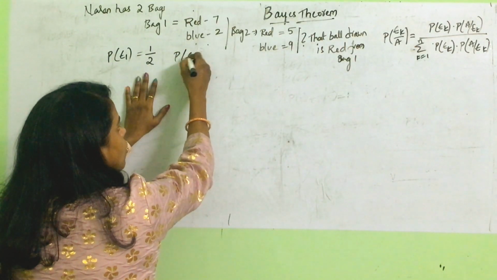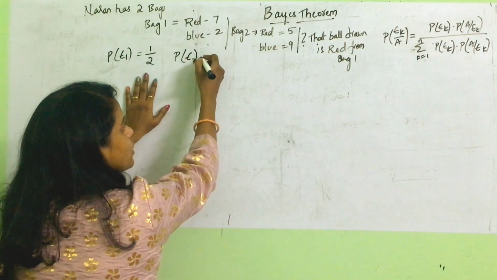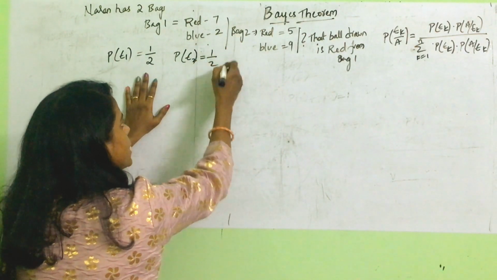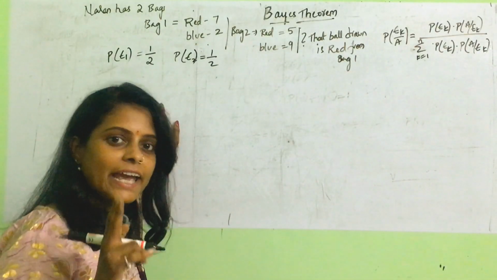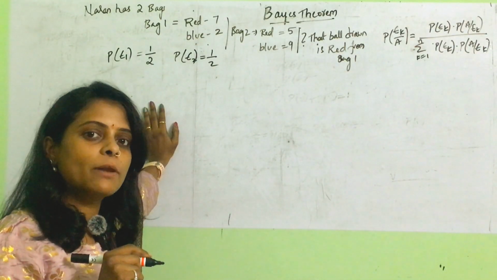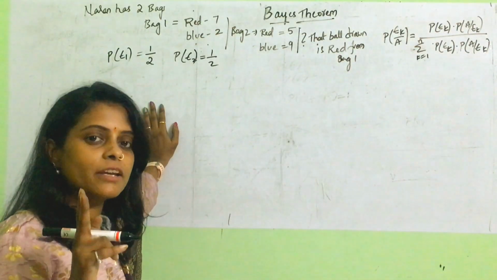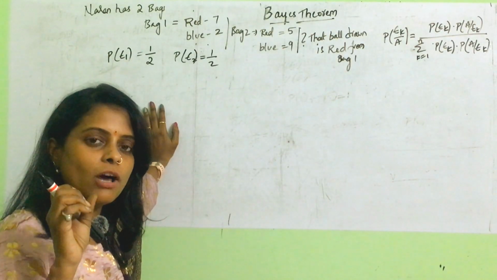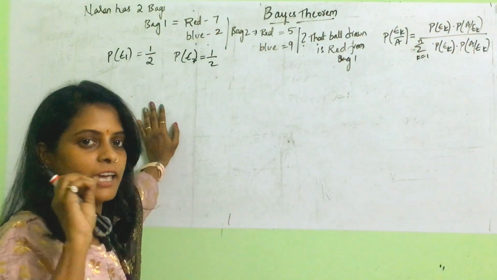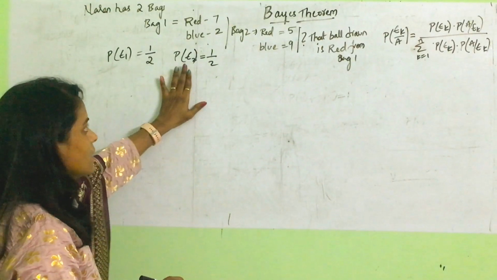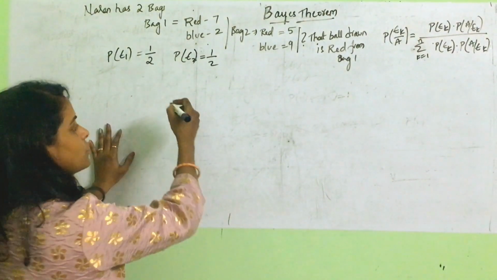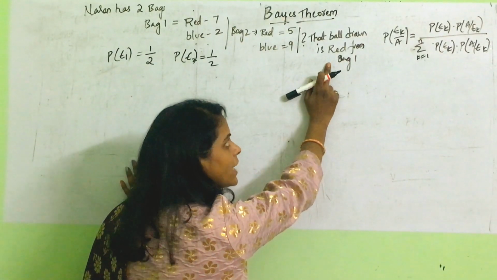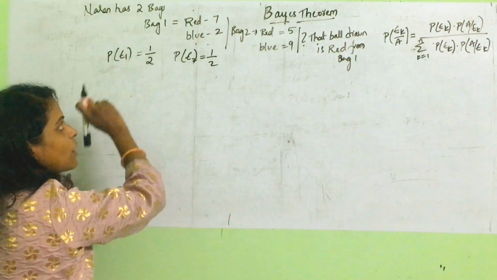Then P of E2. What is P of E2? P of E2 equals, again, picking up a ball from the second bag. So that will give you 1 by 2 again, because remember, there are 2 bags here. Then what is the probability of picking up a red ball from bag 1?